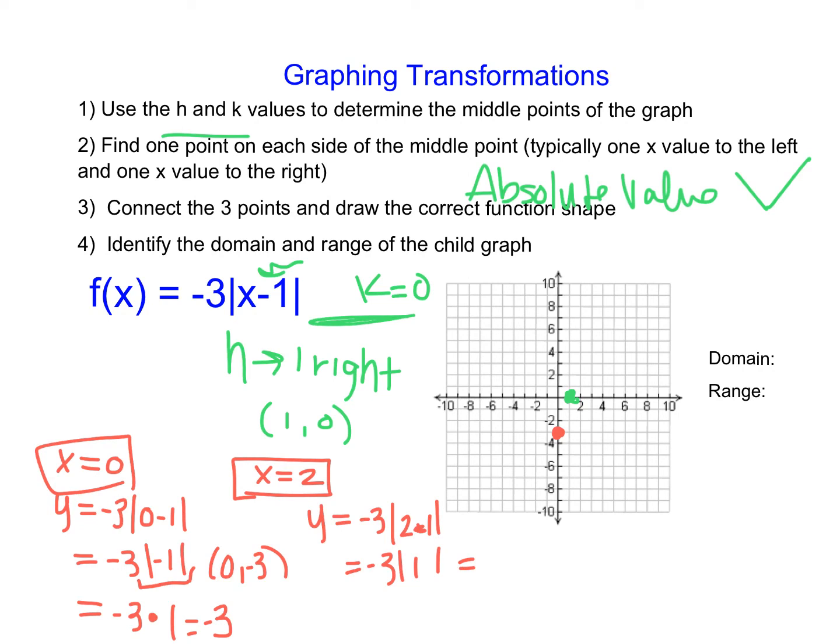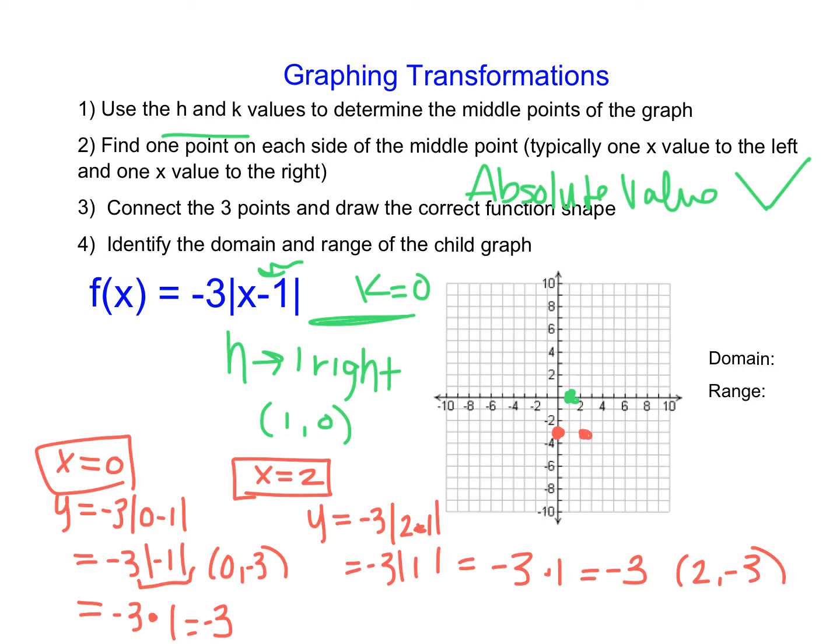Remember, that's finding distance from 0. So the absolute value of 1 is 1. So the absolute value of 1 and -1 is that same value of 1 because it is distance from 0. So we have -3 times 1, which is -3. So our second coordinate here is x is 2, y is -3.